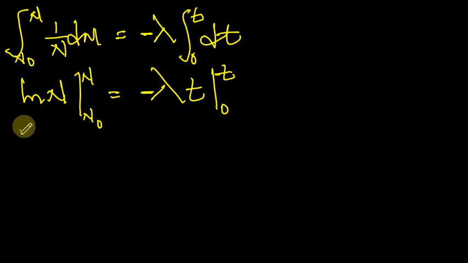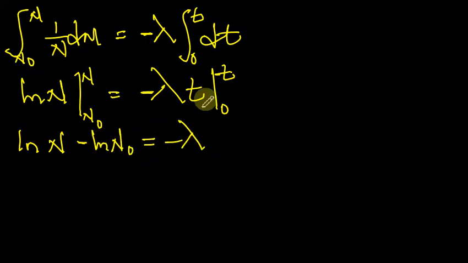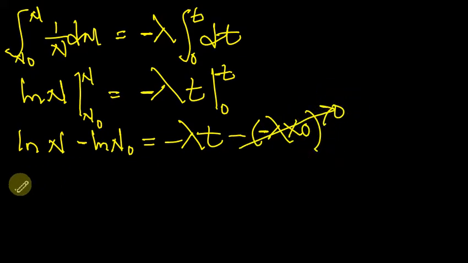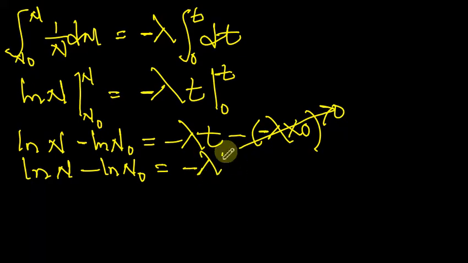So ln N takes the value of N here, then you have a minus sign between them, then we have ln N naught equals negative lambda as t takes the value of t, and if t takes the value of 0 again, you are going to have minus lambda times 0, which will be out. So we are left with ln N minus ln N naught equals minus lambda t.